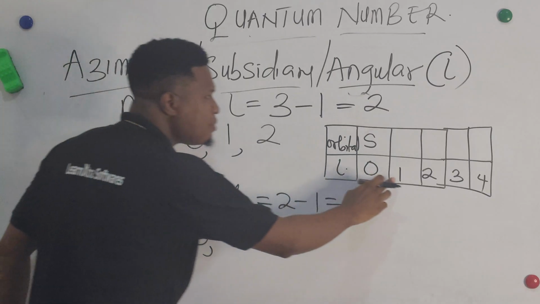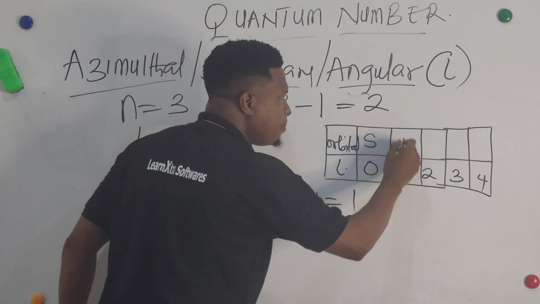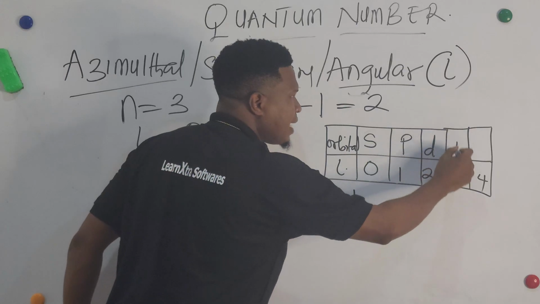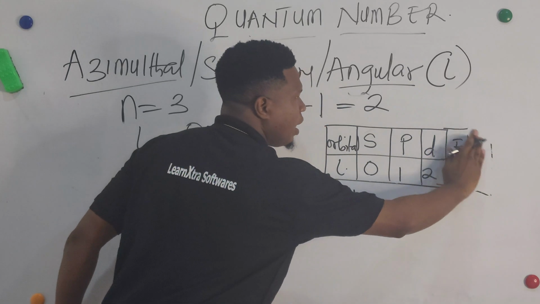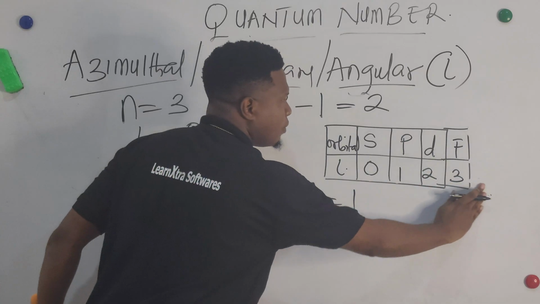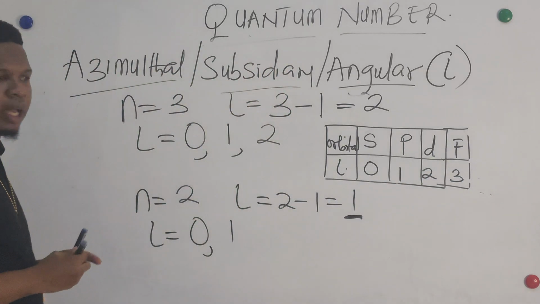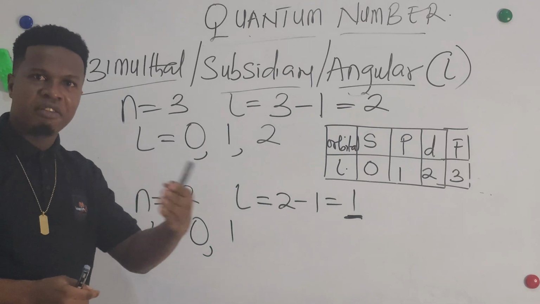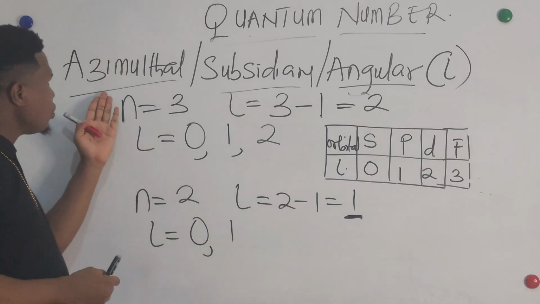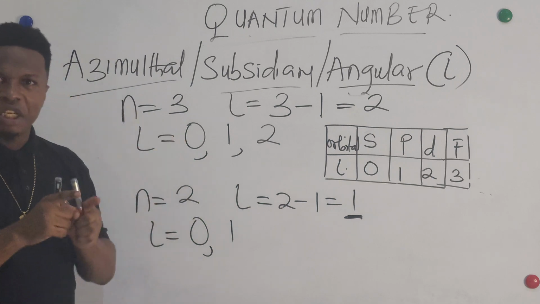If it is 1, we assign p, then d, then f. Let me eliminate this, because at your level you don't have to know about the g orbital, so I won't talk about it. So, the same way n defines the shell, the azimuthal quantum number defines the orbital, the shape.